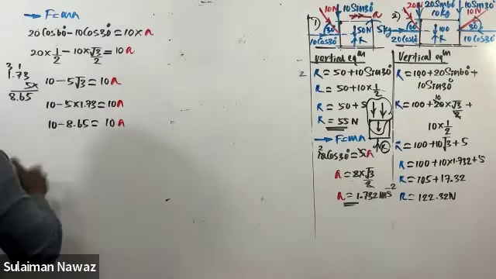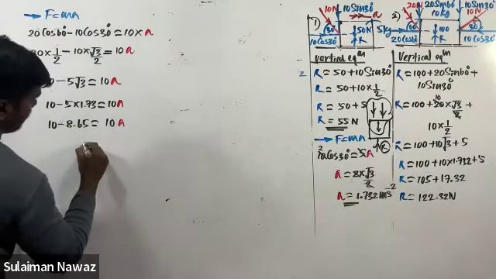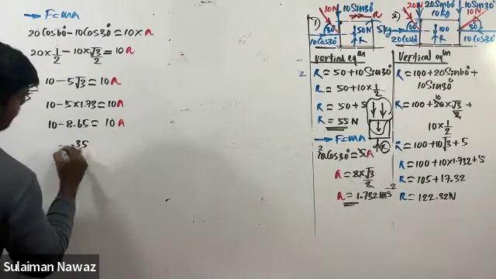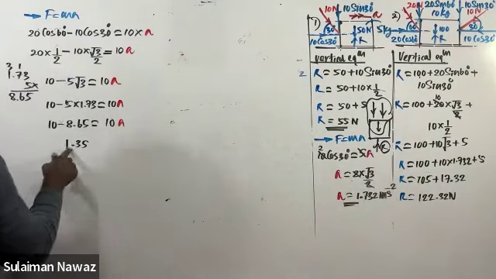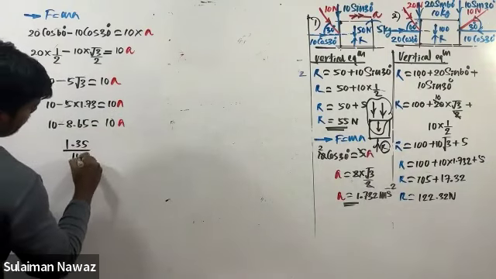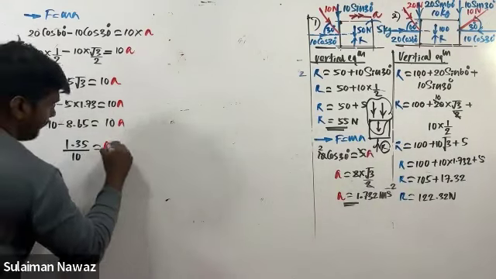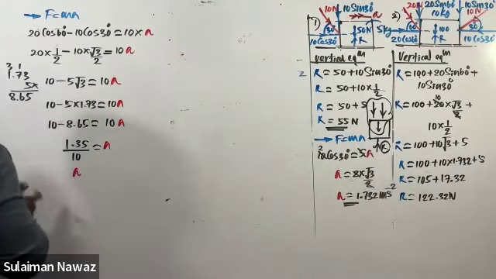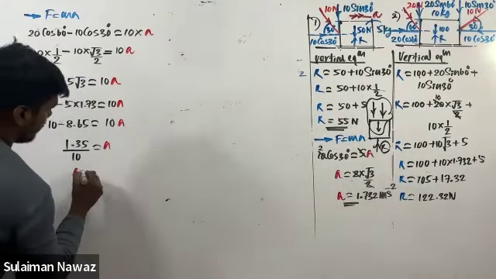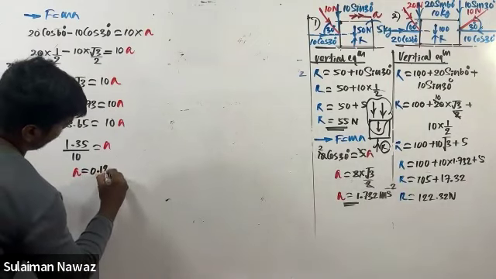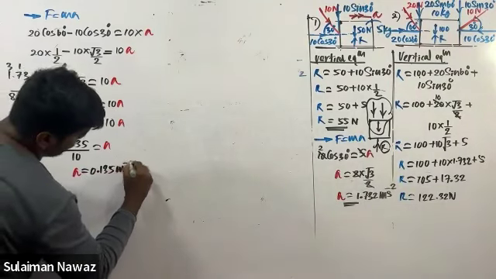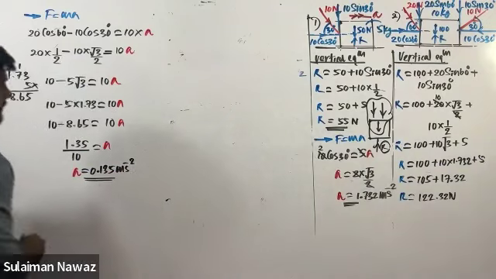Then 10 minus 8.65 means 1.35 over 10 simply. Am I correct? Therefore, the acceleration of the object to the right side direction is 0.135 m s^-2. This is the answer.